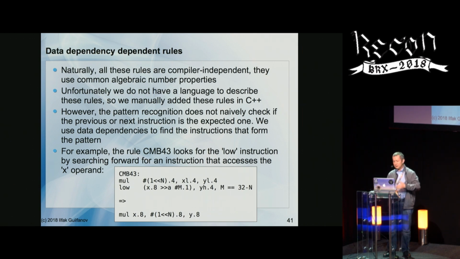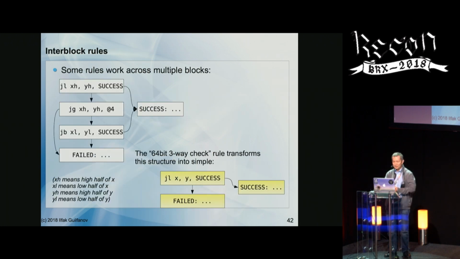If it's the case, then we apply the rule. And this approach allows us to recognize patterns that are interleaved with other instructions, or even sometimes we tolerate some shuffling of instructions as well, when the order is changed. So we work with data dependencies. So data dependency rules are dependent on the data.